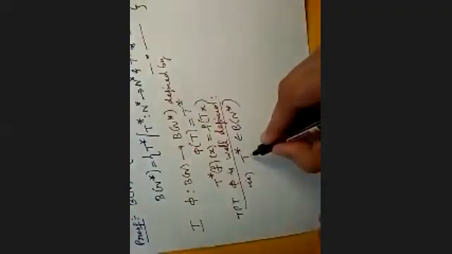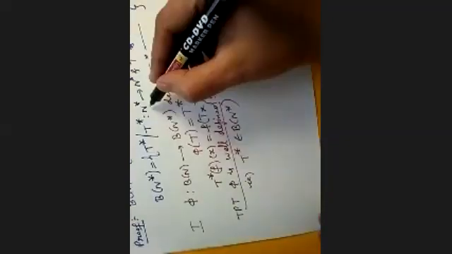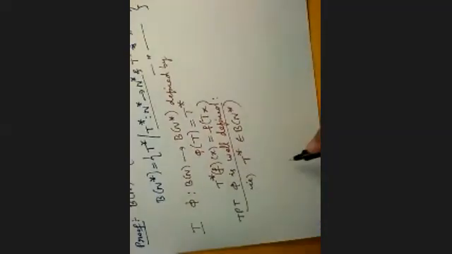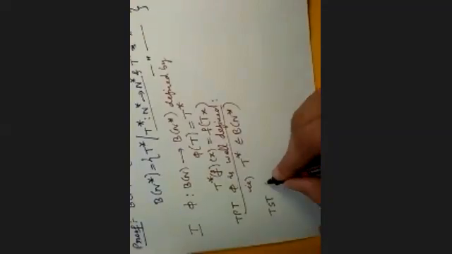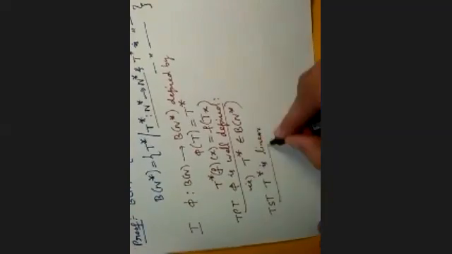We need to prove that T star is an operator from N star to N star, and operator means T star is continuous and T star is a linear transformation. Okay, so first we shall prove that T star is linear.